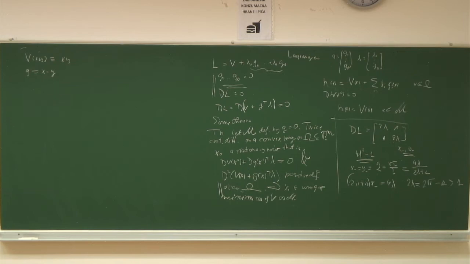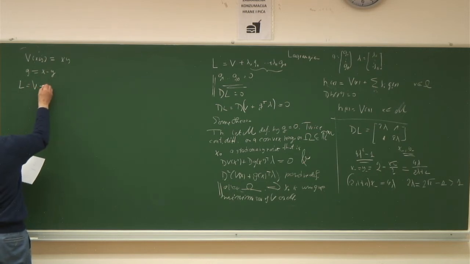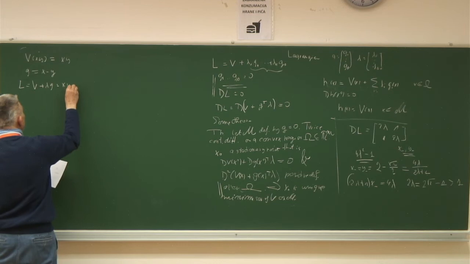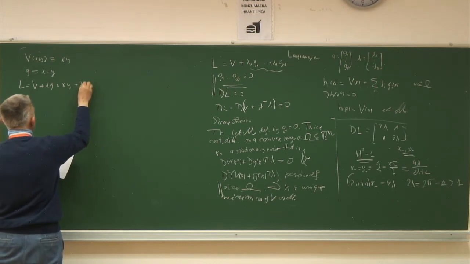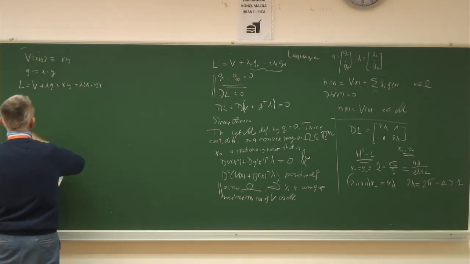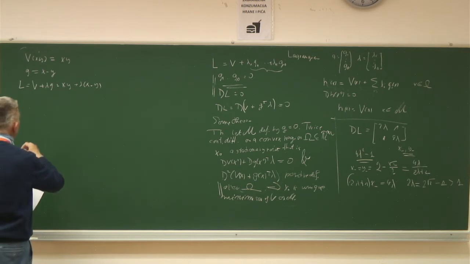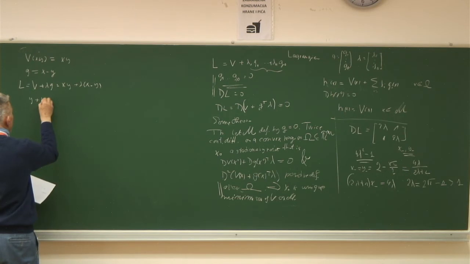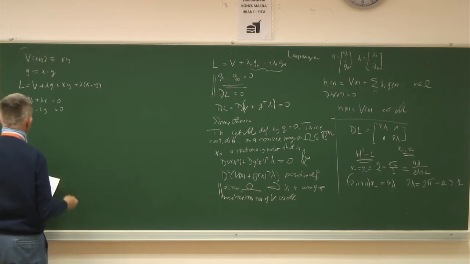Yes. So the Lagrangian here is L = V + λG = xy + λ(x − y). And the derivatives are y + λ = 0 and x − λ = 0.